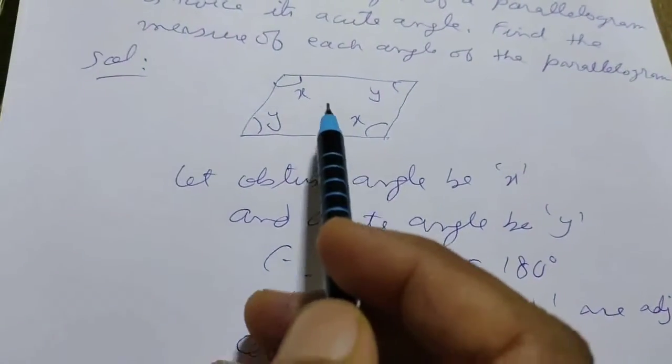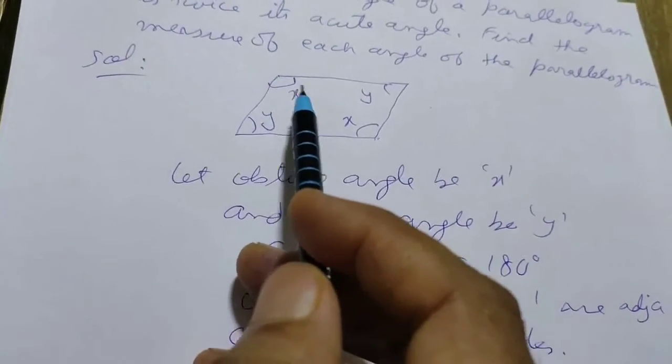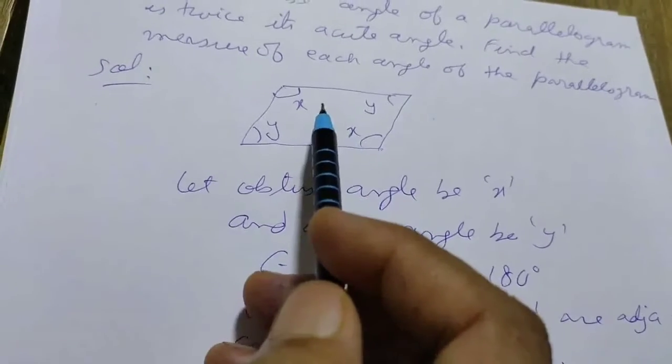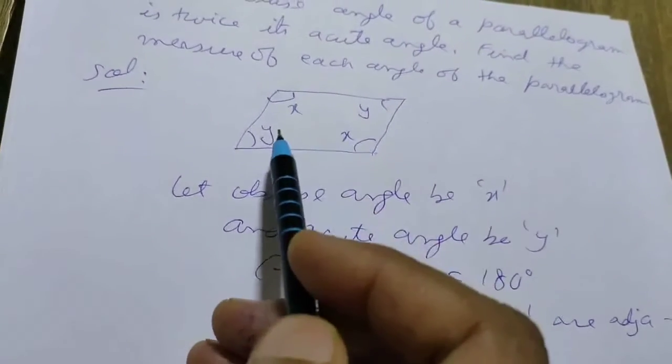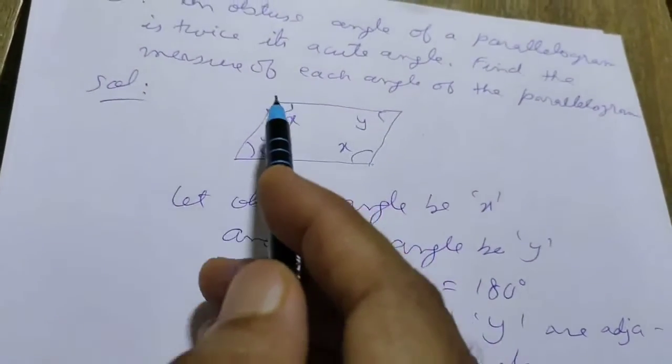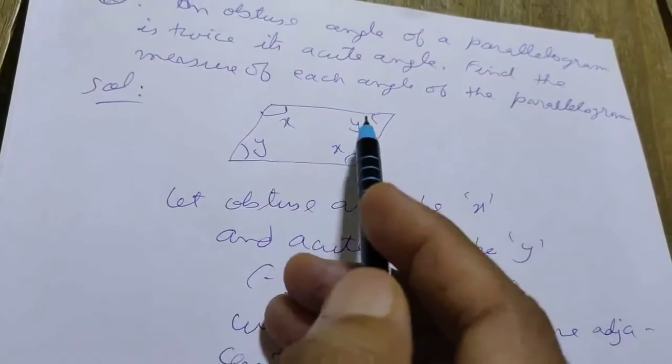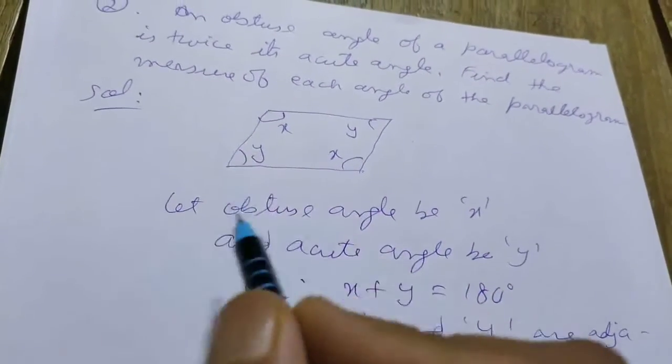Here this is x and this cannot be y, because we know that in a parallelogram opposite angles are equal. So opposite angles cannot be x and y, only adjacent angles can be x and y, and since these two lines are parallel, therefore x plus y in both cases will be 180 degrees.